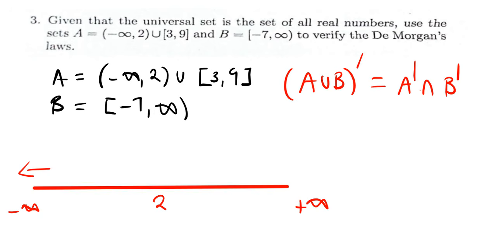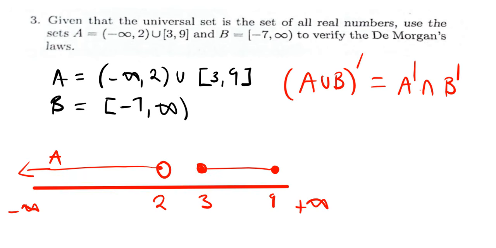After I reach 2, 2 is not included, so I open. Then another set is from 3 to 9, where 3 is included and 9 is included. So that is set A.